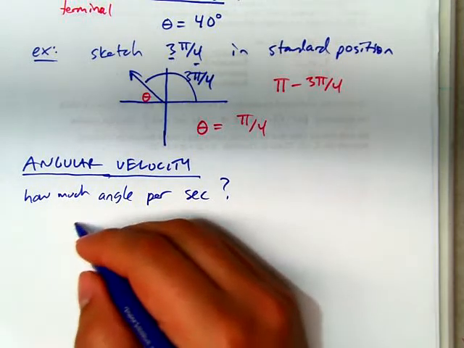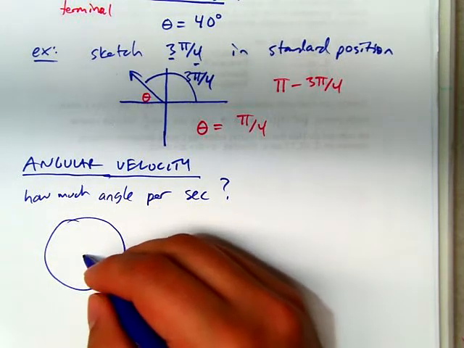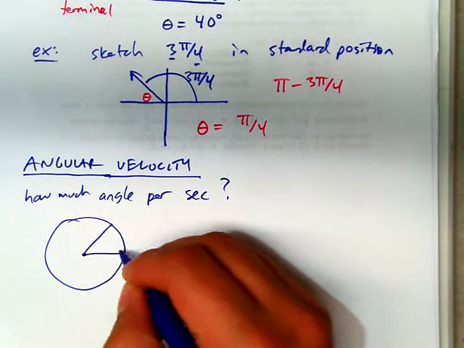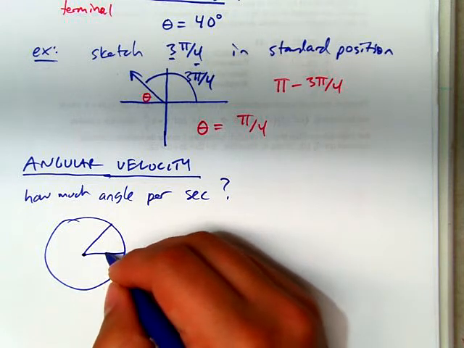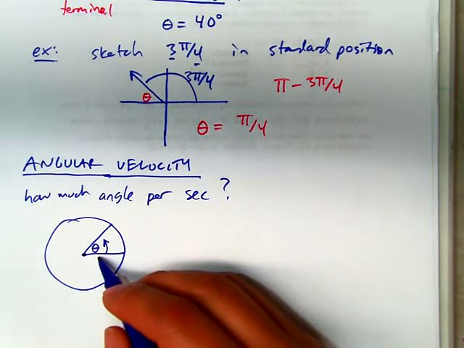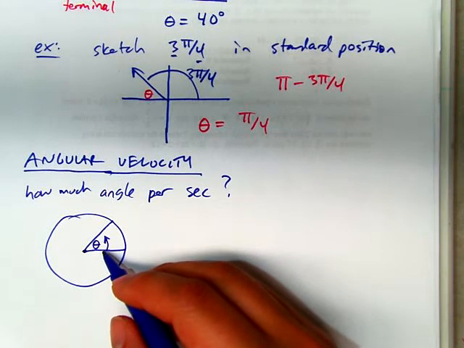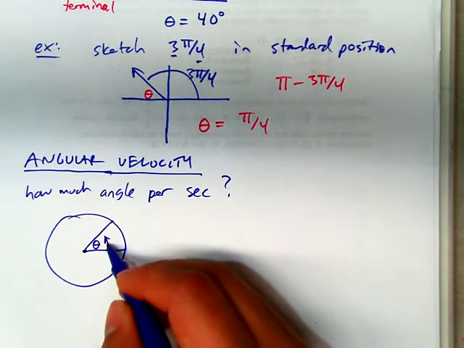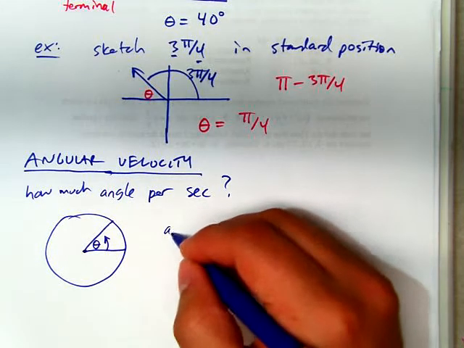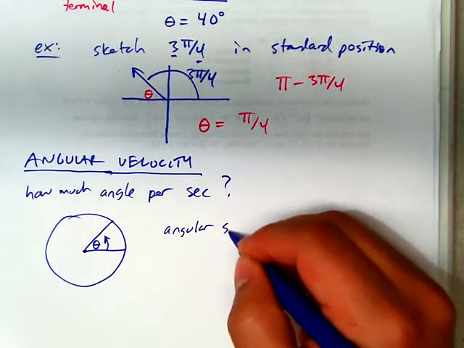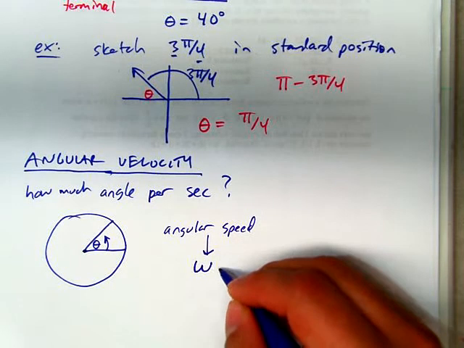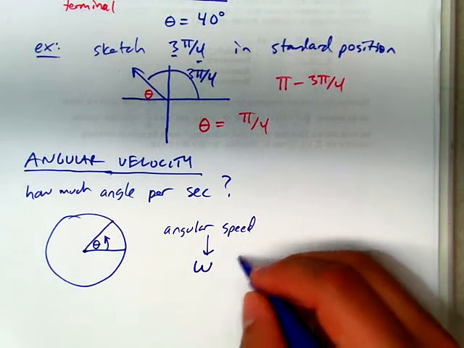So for example, if we have a wheel or something circular and it rotates a certain angle, then we can find how quickly it's rotated. The symbol for angular speed or angular velocity is what looks like a W. We call it omega.